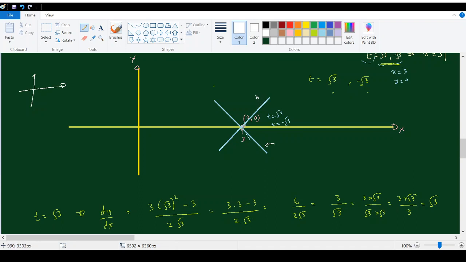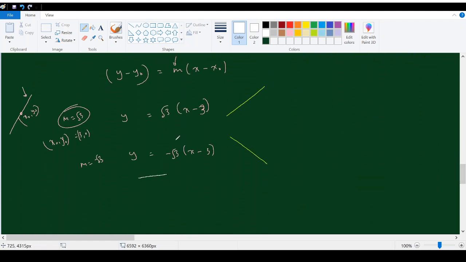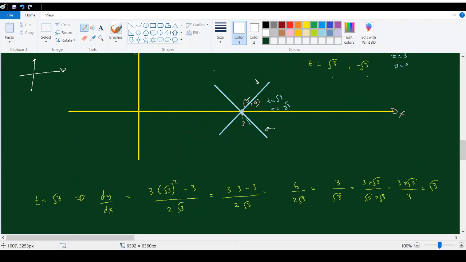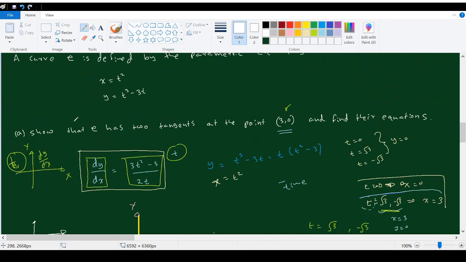So basically we have shown that it has two tangents which can be expressed in these equations. So this equation represents this tangent and the other equation represents this tangent. And in the next video we will focus on some more theory regarding this question.